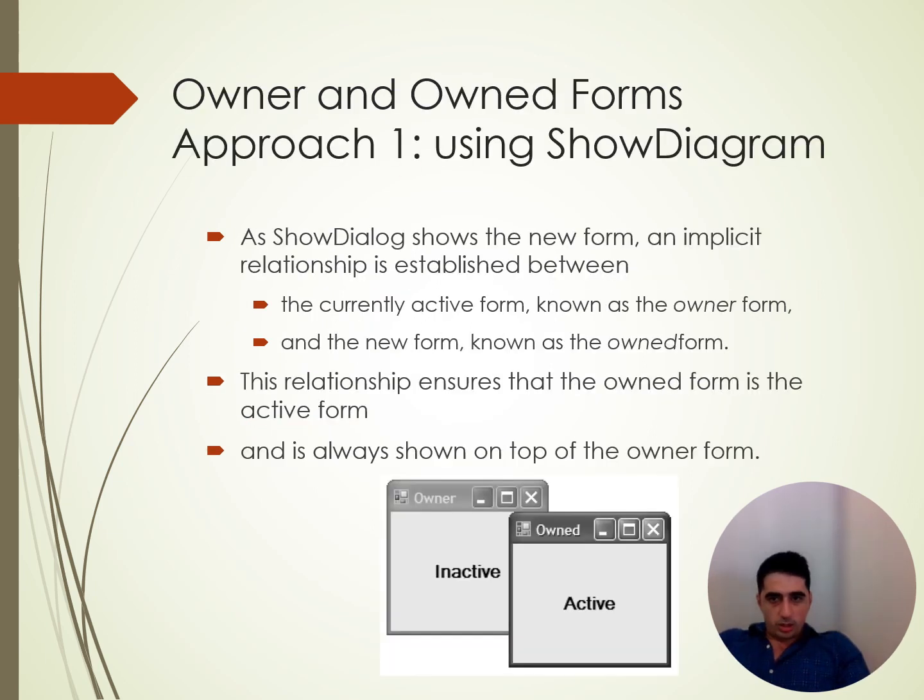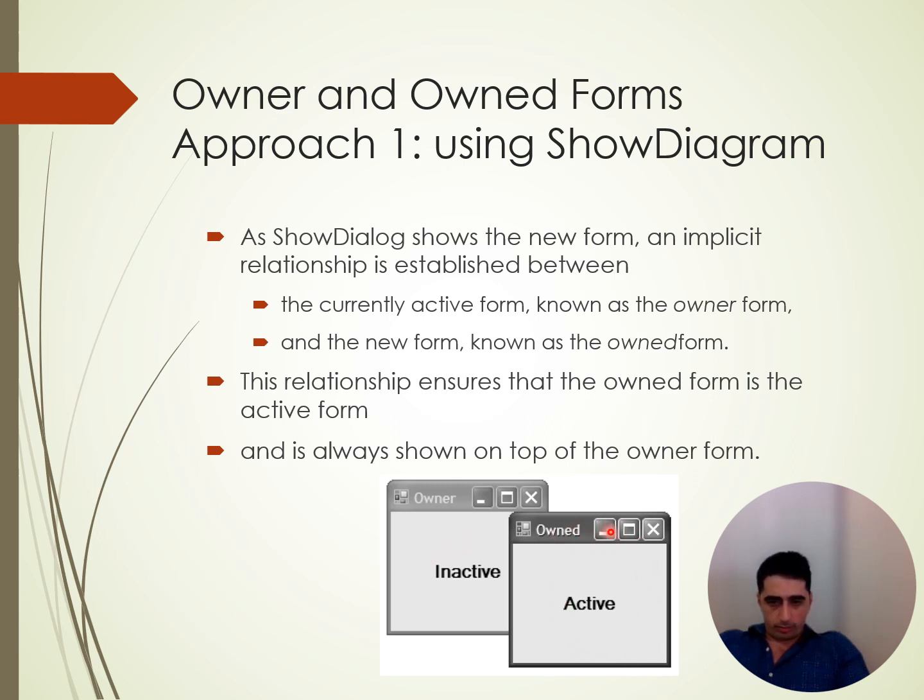Please note that when you use the showDialog method to show a new form, you're creating an implicit owner-owned relationship. So here's the situation. Let's say within this form, the owner form, I click on a button and that button pops up this form.